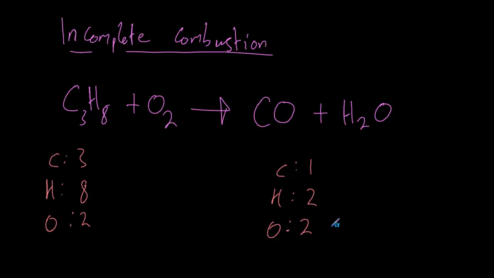So we'll do the carbons first. Remember, there are 3 carbons here, and the only place on the right hand side is here, exactly the same as with complete combustion. So we need to make these equal. 1 times 3 will give us 3, and that means we need 3 molecules of carbon monoxide to balance.